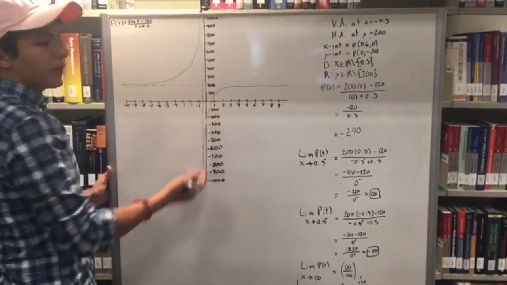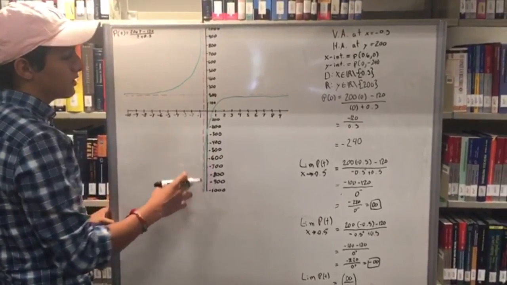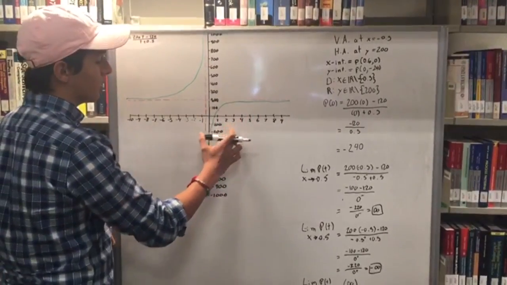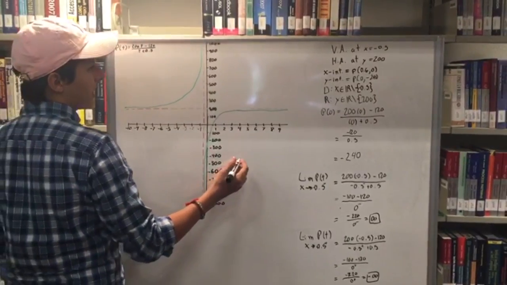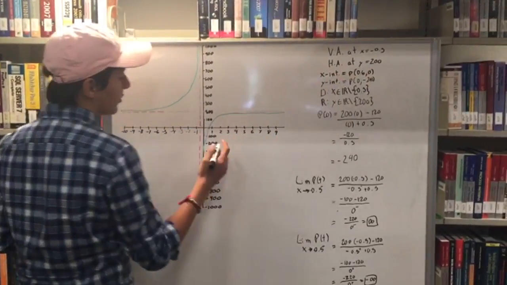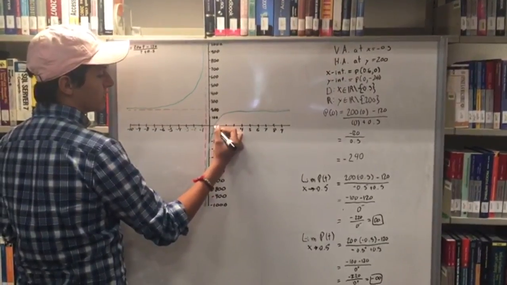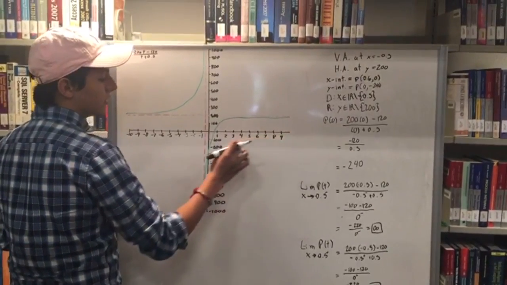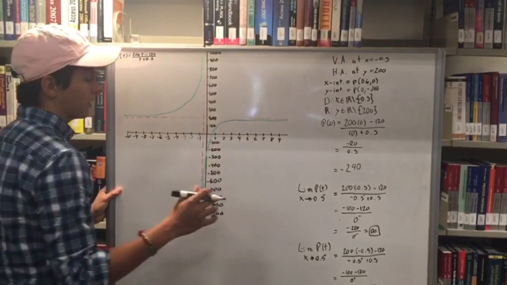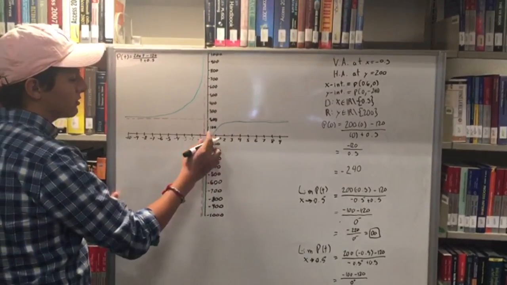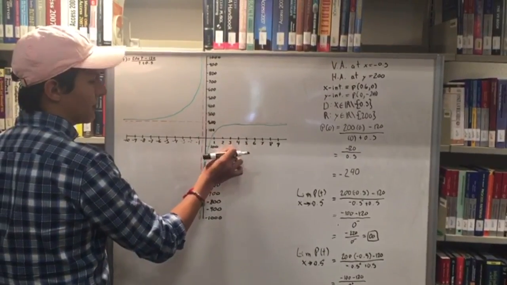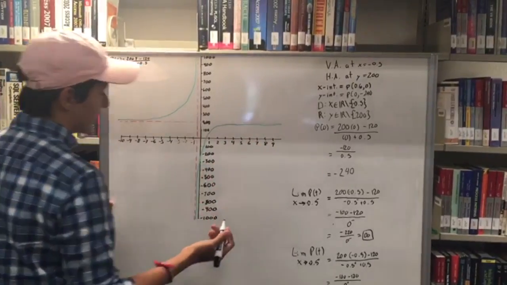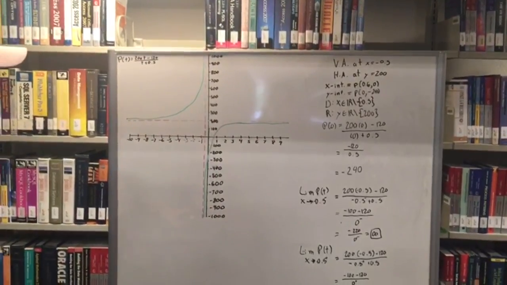We know the graph represents the population and how it increases over the years. We know that at the point 0.6, the population is 0. So from this point to infinity, the population starts increasing. So we only take the values from this point to infinity.